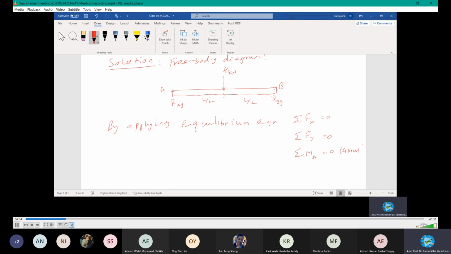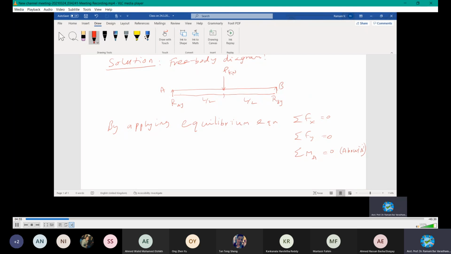Moment doesn't stand alone, it needs a point. About a section or a point, you have to take it. Moving on, sigma Fx should be 0 because there is no horizontal force acting on the member. Naturally, there won't be any horizontal reaction provided by the member.